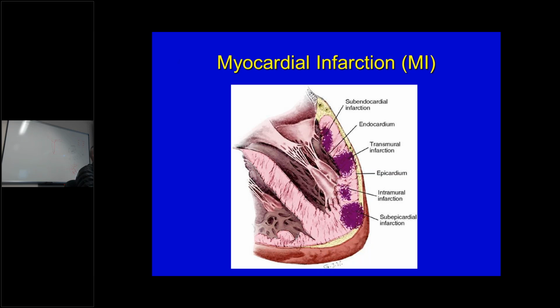So MIs, subendocardial is that more inner layer. Which part of your layer gets hit first? So we got endo and epi votes. How many people say endocardium gets hit first?